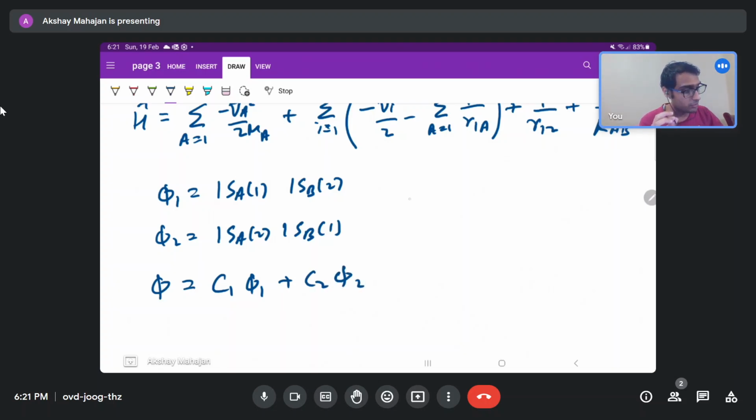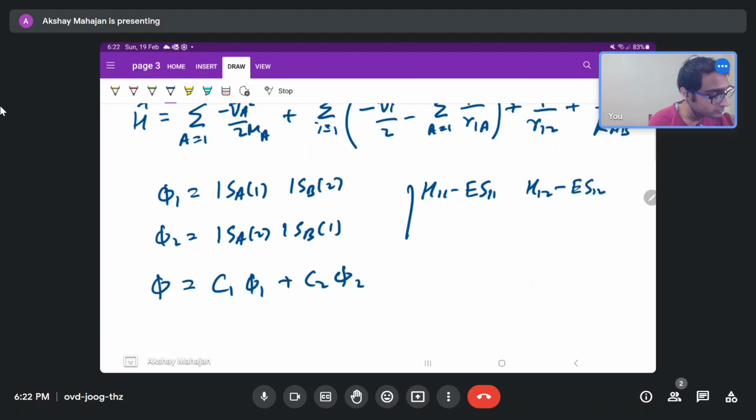Then we have to again solve the same determinant, H11 minus E S11, the addition principle that we just revised, H12 minus E S12, and S22 minus E S22.